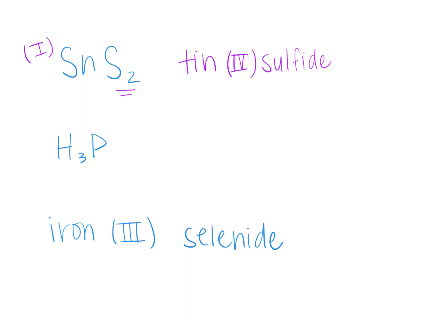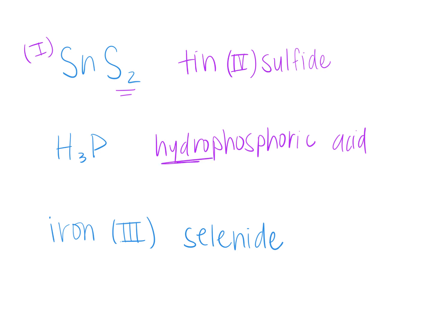Okay, on the next one, what do we think? Maria, what'd you have for the next one? It's really phosphoric acid, but I would have given it to you. Okay, so hydro-ic acid, right? Hydrophosphoric acid. I would have given you your point if you would have said hydrophosphic, that's fine.